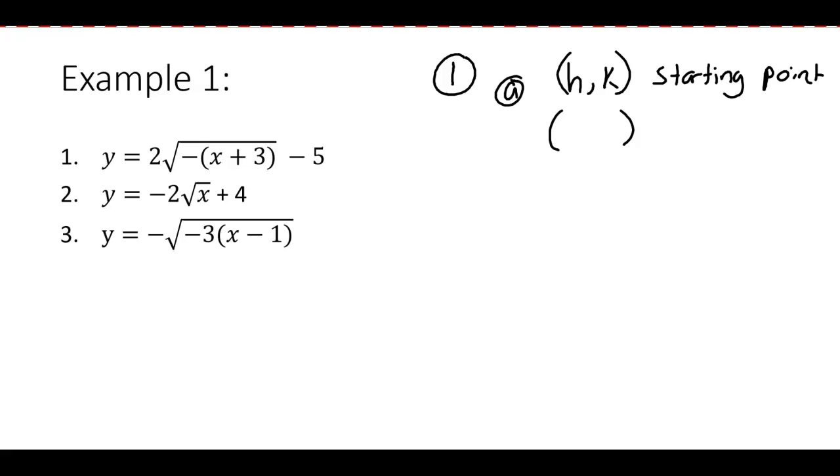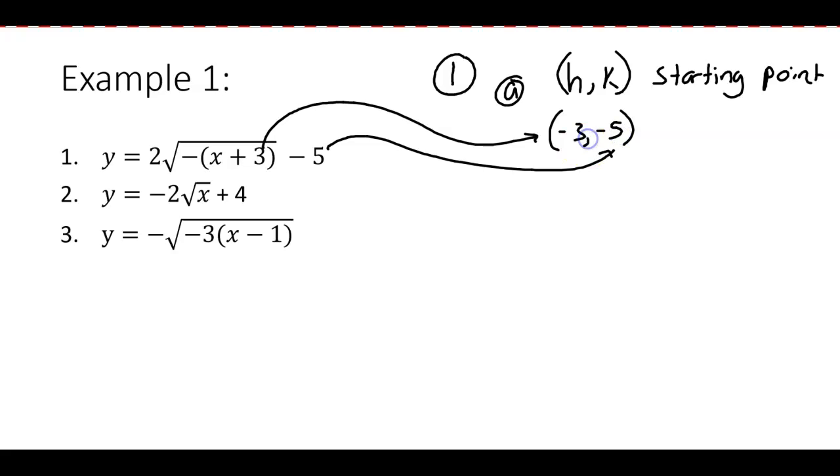Good, but we want to do the opposite of it. Negative 3. So let's draw a little arrow there. And what is my k? Negative 5. And we don't do the opposite of the k, we keep it the same. So that one's just going to be negative 5. So this is my starting point: negative 3, negative 5.